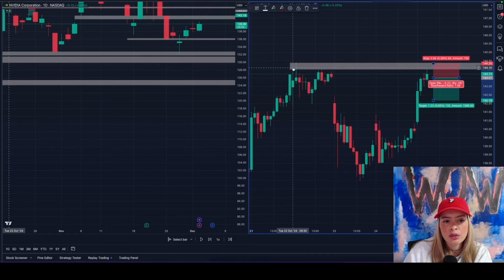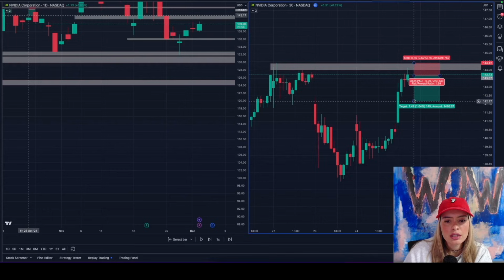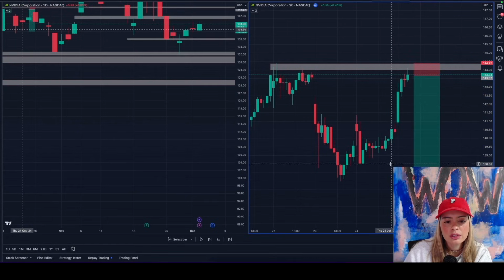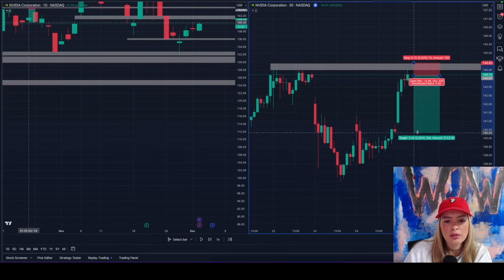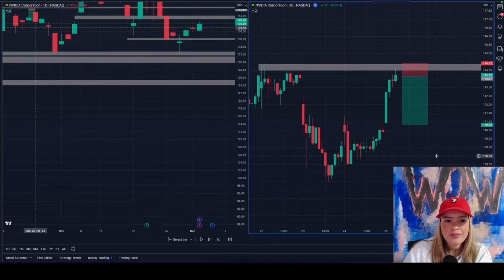Look at the wicks, the wicks, the wicks, right? So that's my stop loss. My PT is the next big support that will be down here or here. Let's just put it here. So whatever you want, but you use those wicks as your stop loss.